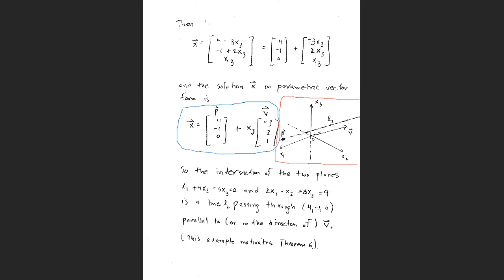I draw the vector v, and the line L2 is going to be this line right here. It's parallel to the vector v, and it passes through the point, or the vector, p, which is 4, -1, 0.